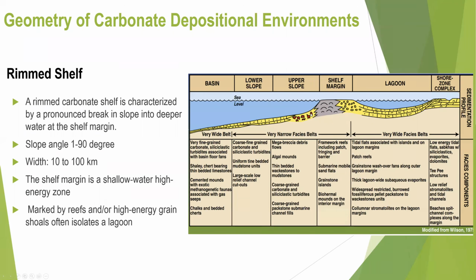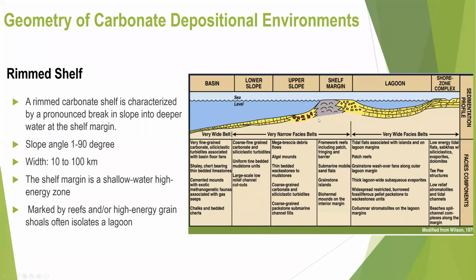And it's because of the presence of the reef system, or the carbonate organisms that catch up with the sea level, and they create a huge factory of carbonate sediments.